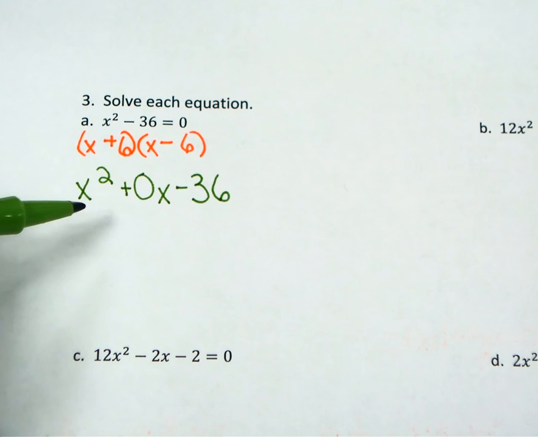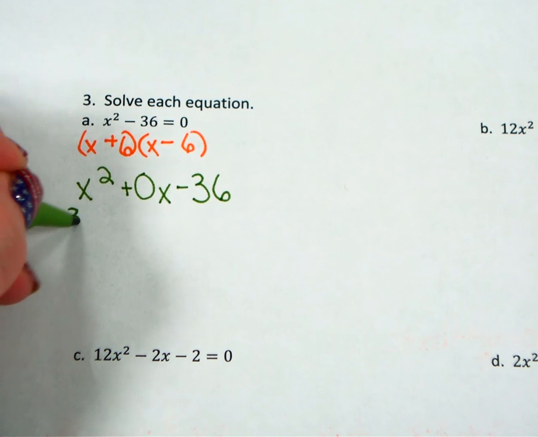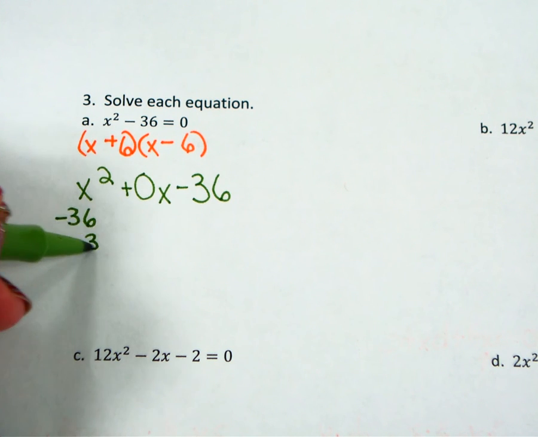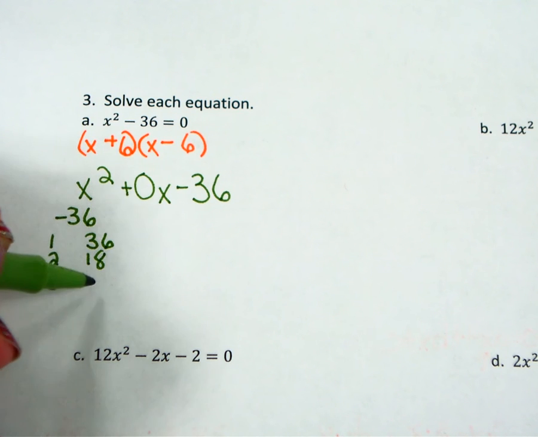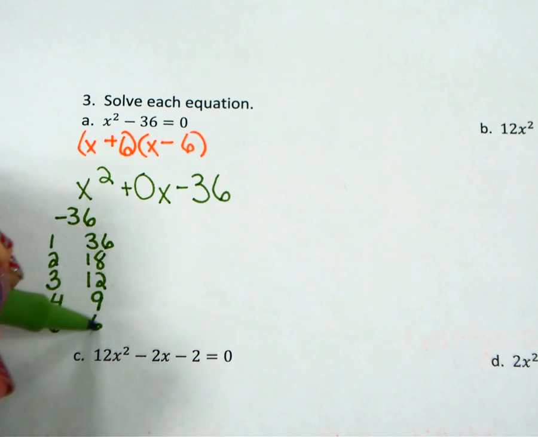I can't take something out of all the pieces. So A times C is negative 36. Factors of negative 36: 1 and 36, 2 and 18, 3 and 12, 4 and 9, 6 and 6.